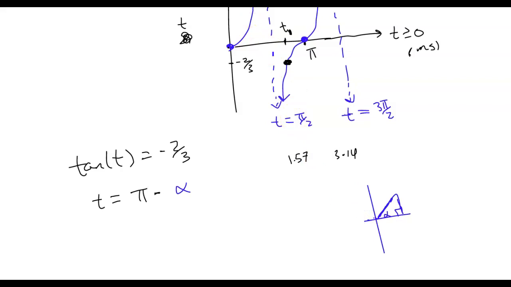And so from here, we see the ratio of tangent of something in a quadrant where this angle has to be in standard position, or tangent has to be positive. We know tangent is going to be opposite of the angle over adjacent of the angle. And so you see here that if we want to find what alpha is, it is just going to be tan inverse of 2 over 3.